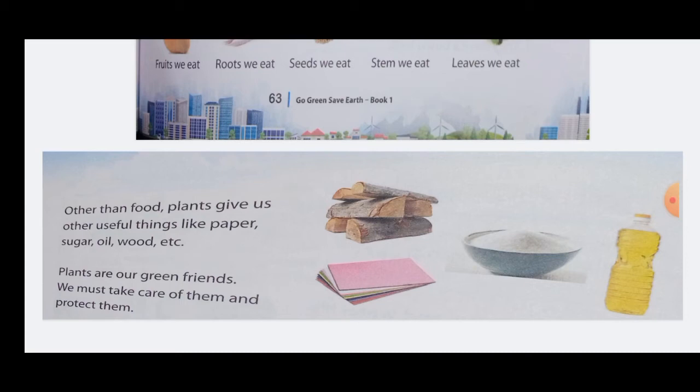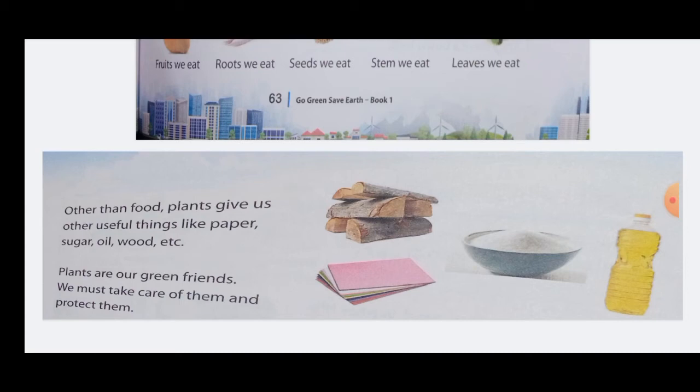We get perfume from flowers like jasmine, rose and lily. We get soaps and toothpaste from oils and juices of plants like neem, coconut and cloves.